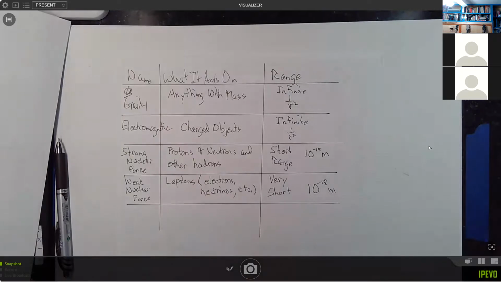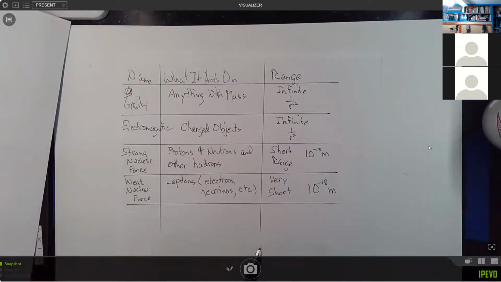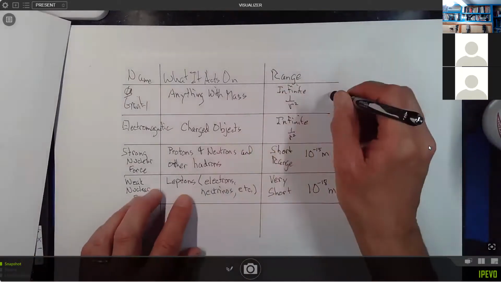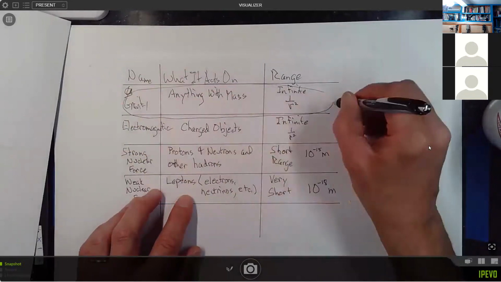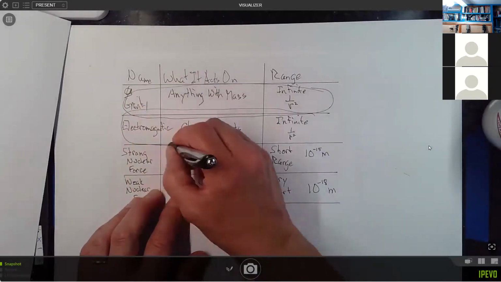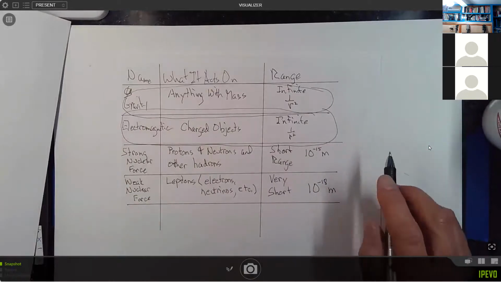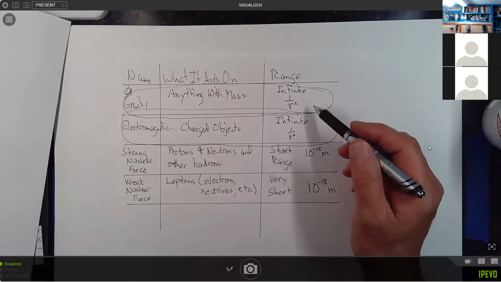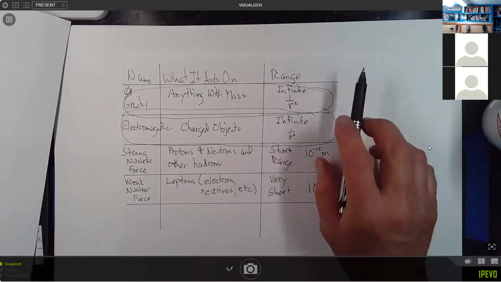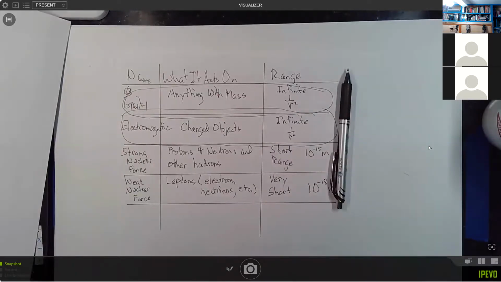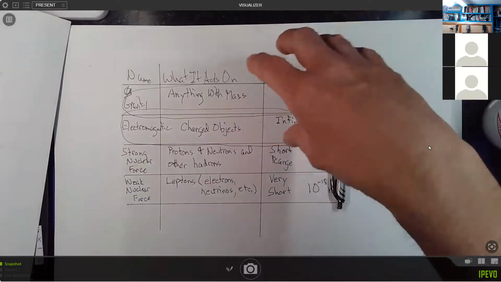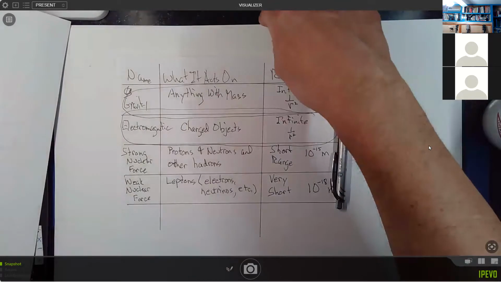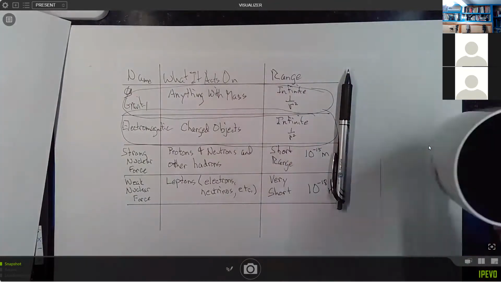All right, those are the forces of nature. And the only ones that we're going to actually deal with much are the gravitational force and the electromagnetic force. We will have a little bit of a unit on gravity. But the electromagnetic force is what holds stuff together. So we'll talk about a tabletop exerting an upward force on an object that's sitting on the tabletop.